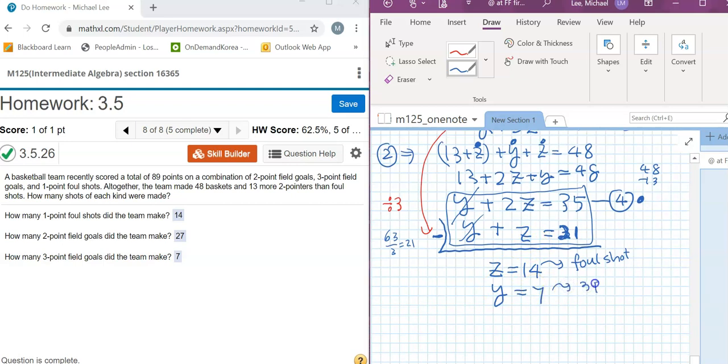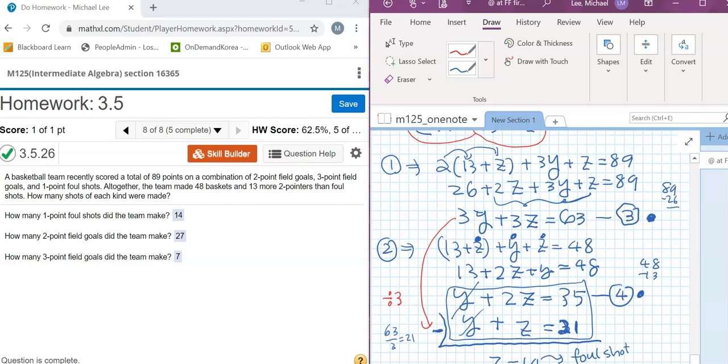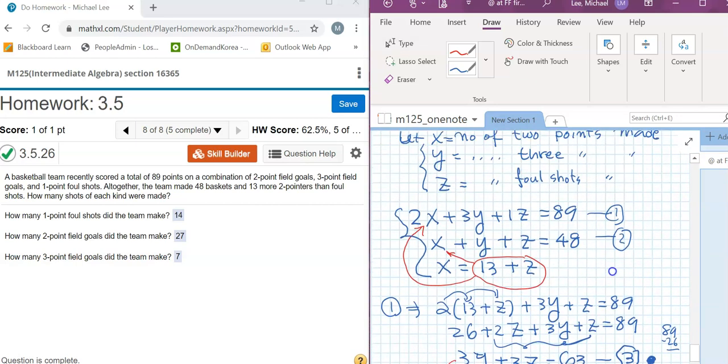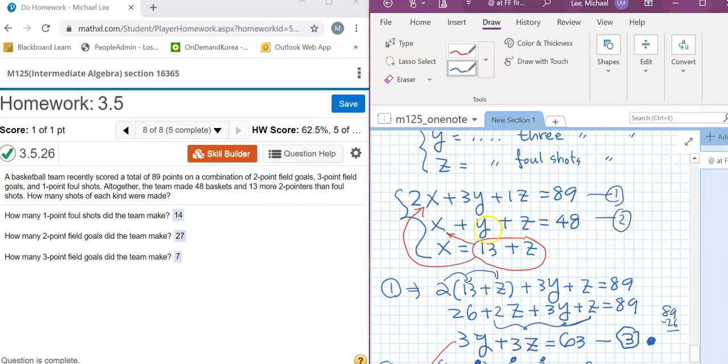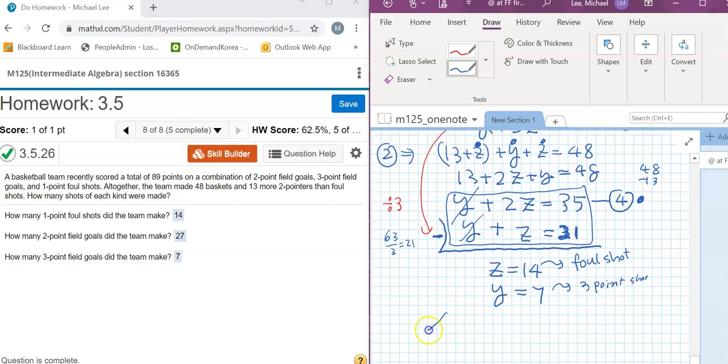This is the 3-point shots. Now I have Y and Z, and all I need is to find X. Maybe use the second one: X plus Y plus Z equals 48.